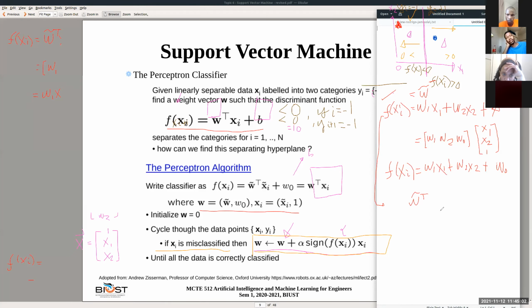But in the other expression, all you need to do is multiply it in a more compact form times xi, finish. These two expressions are equivalent. You understand? Yeah, I get it. Okay. Any other questions?